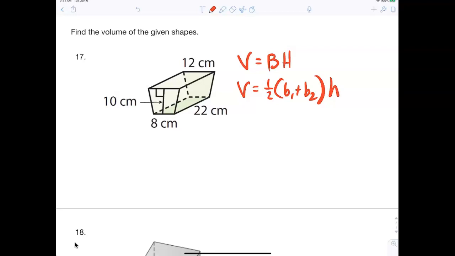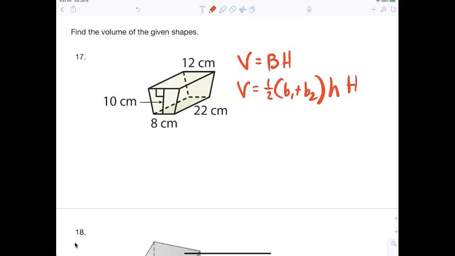And then? Yes, beautiful. Could not have said it better myself. All right, that's how easy, if you understand the volume formula. If you understand the volume formula, it's just a matter of, hey, what is the base shape? Once you find the base shape, you now can figure out what the volume is, because it's always the area of the base shape times the height.